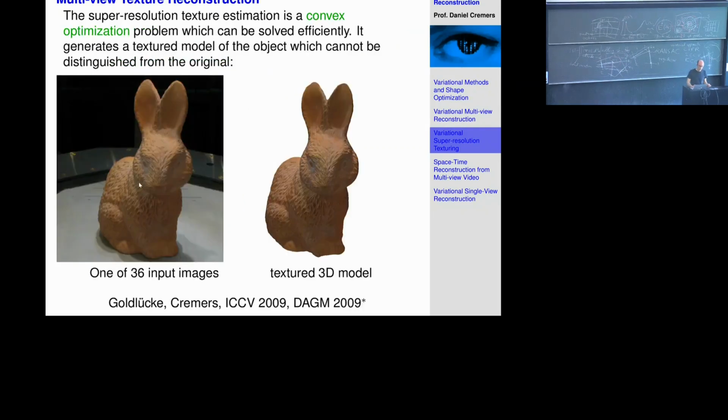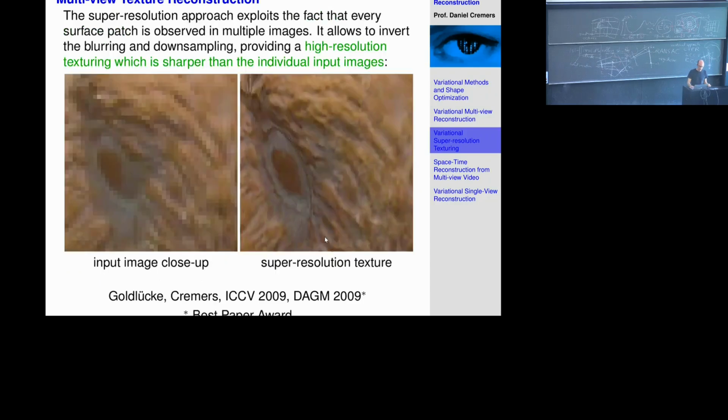And so what you see here is the input, one of 36 input images of a bunny that I have in my office. And this is the textured reconstruction. And in fact, here is a comparison. On the left, you see one of the 36 input images. And as always with digital cameras, once you zoom in sufficiently, you see a pixelization in the image, right?